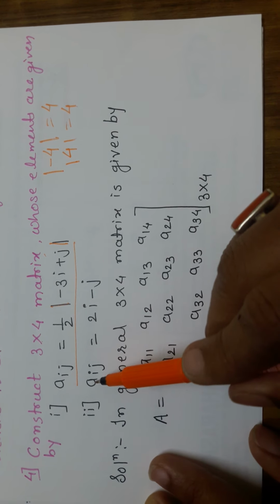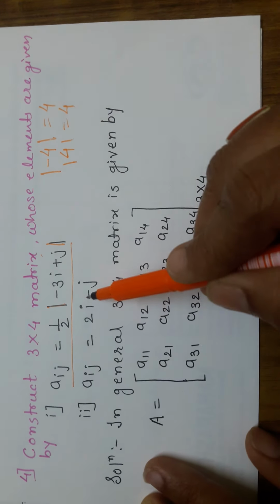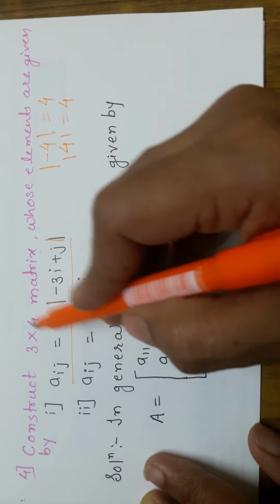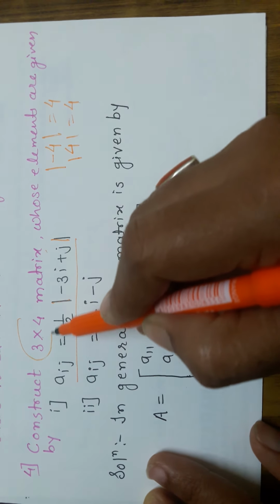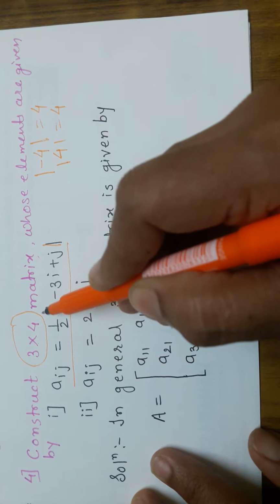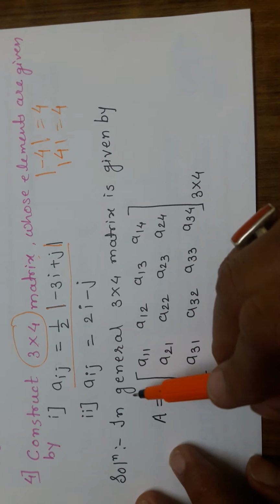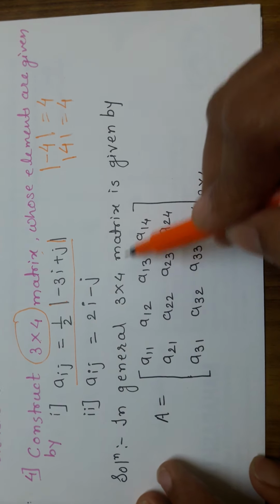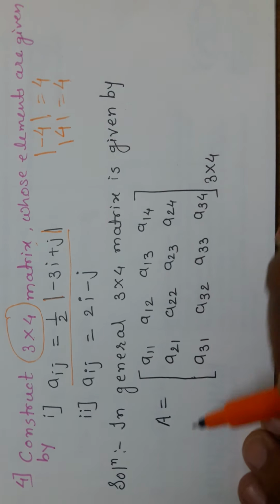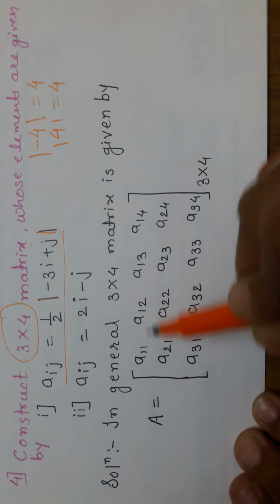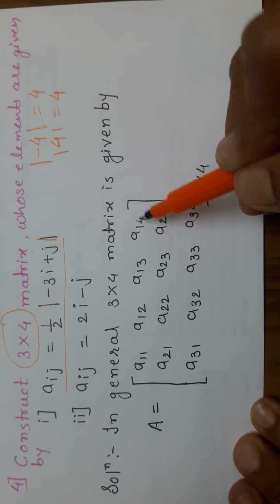And second problem, Aij is equal to 2i minus j. Using this equation we have to form a 3 cross 4 matrix, means the matrix is having 3 rows but 4 columns. In general, a 3 cross 4 matrix is given by A is equal to A11, A12, A13, A14.